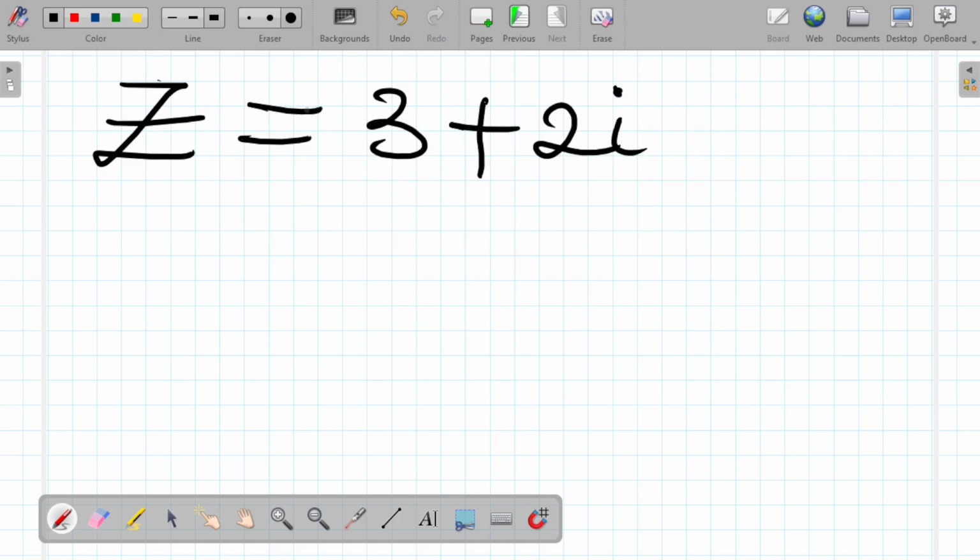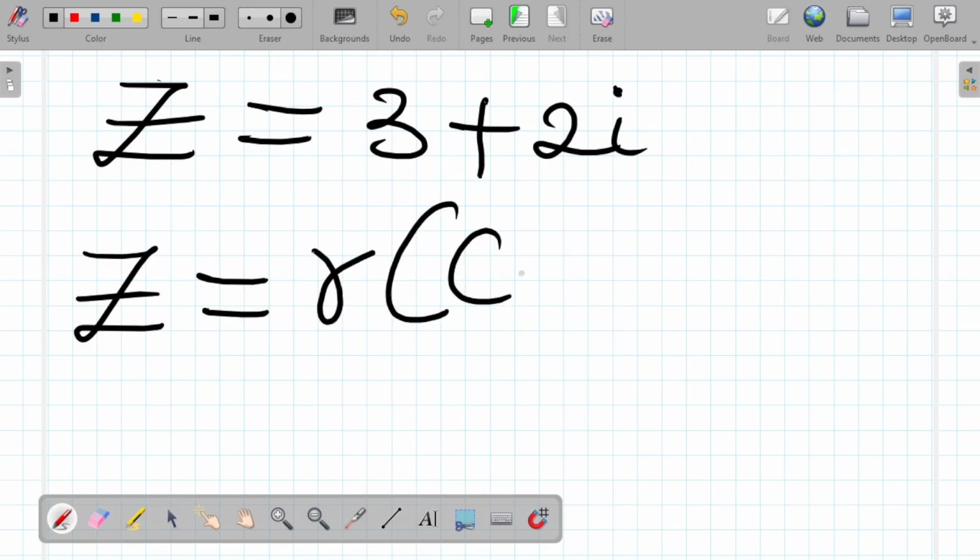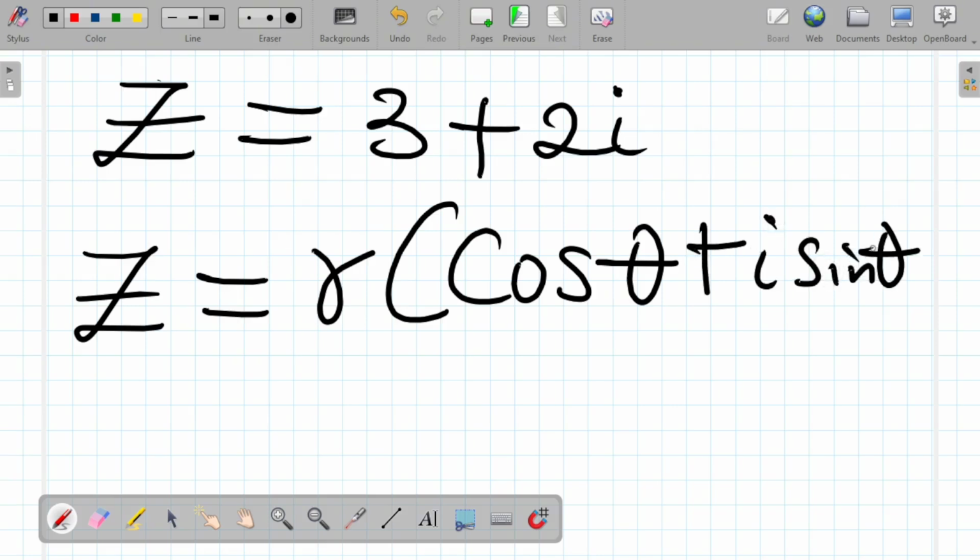So to convert to polar form, the polar form of a complex number is z = r(cos θ + i sin θ).